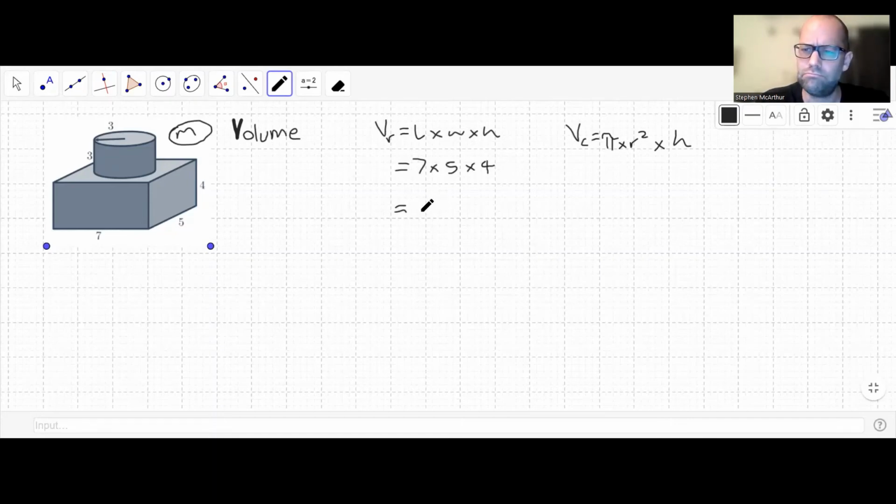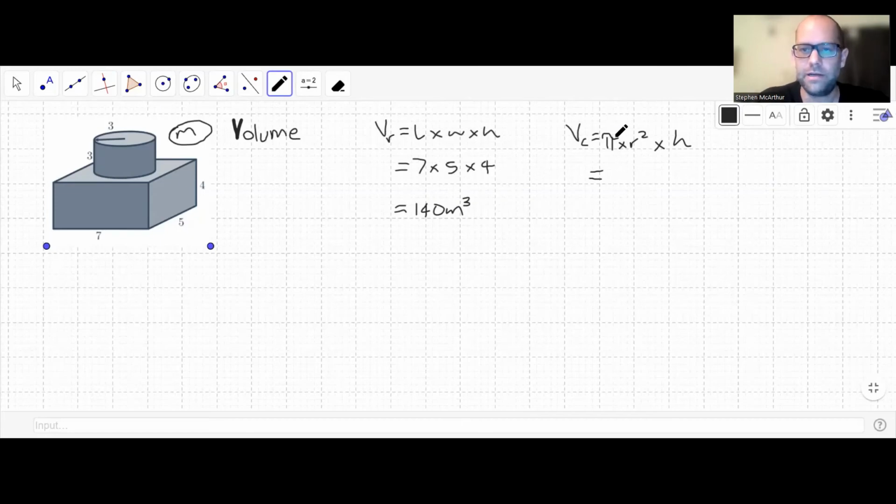Did I get that right? Yes, it's 140. That's 140 meters cubed, because that is the units for volume. It's got to be whatever measurement we have cubed.